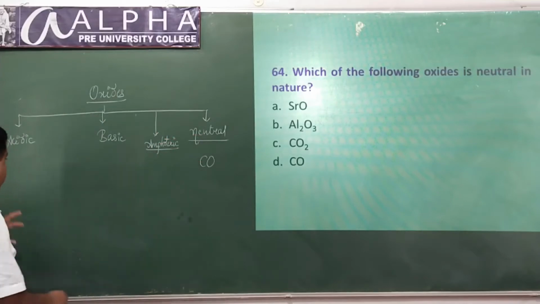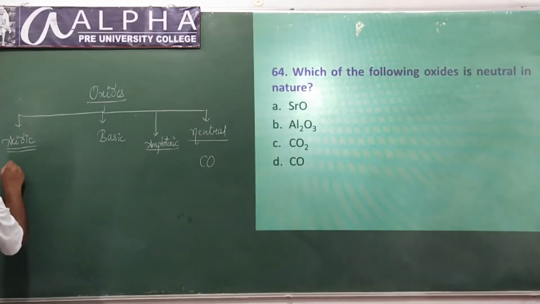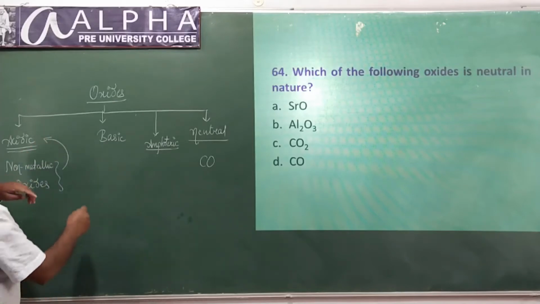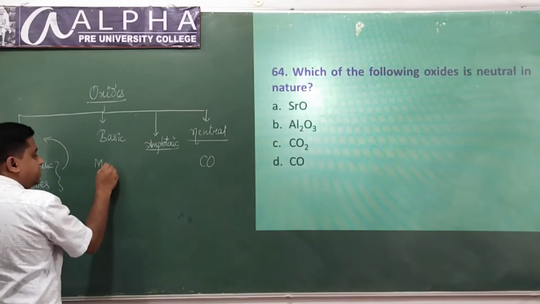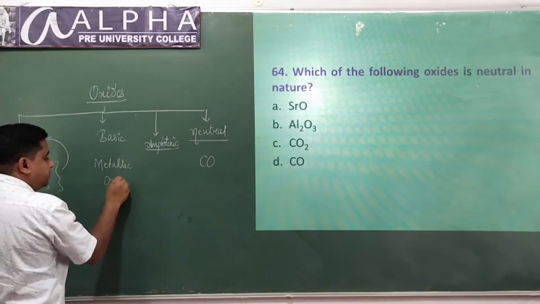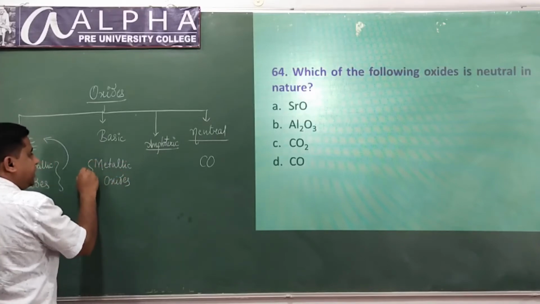Remember, oxides formed from non-metals, non-metallic oxides, are usually acidic in nature, whereas metallic oxides are basic in nature.